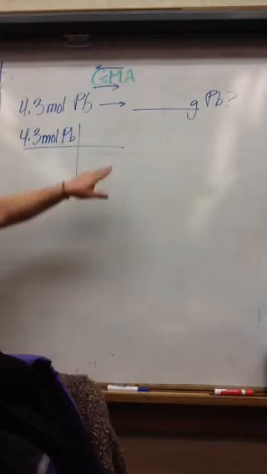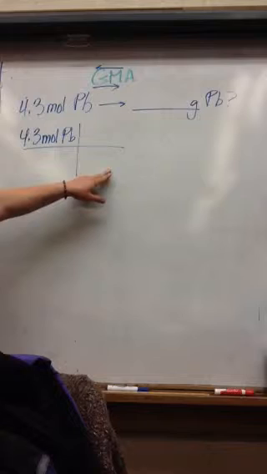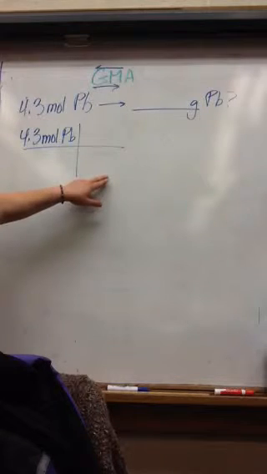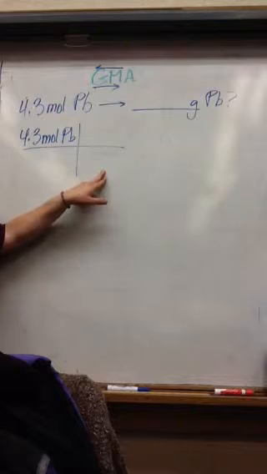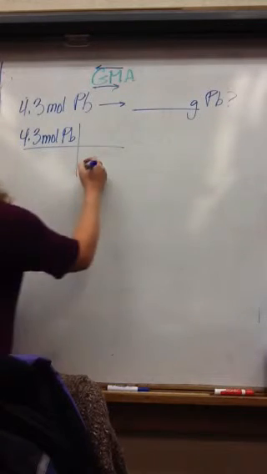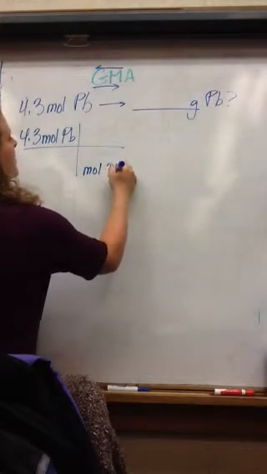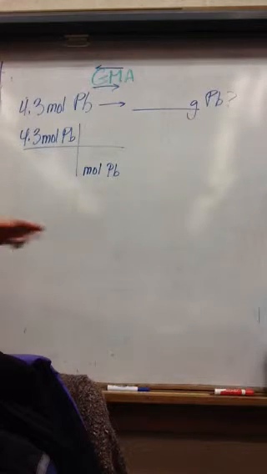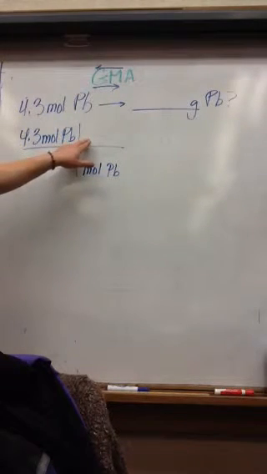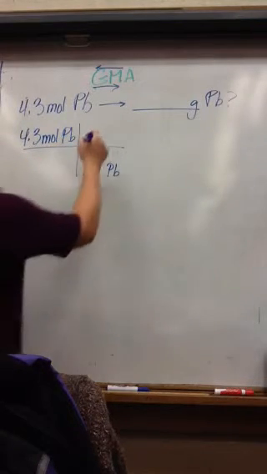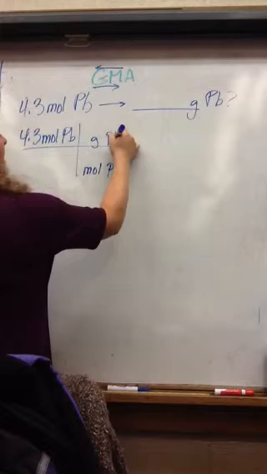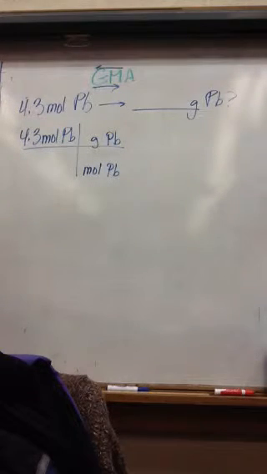Okay, what units, what chemical go down here to cancel, Clay? Moles, because we have to cancel it. So moles of lead. Okay, we want to be in grams of lead. What units and what chemical are going to go here? Grams of lead.